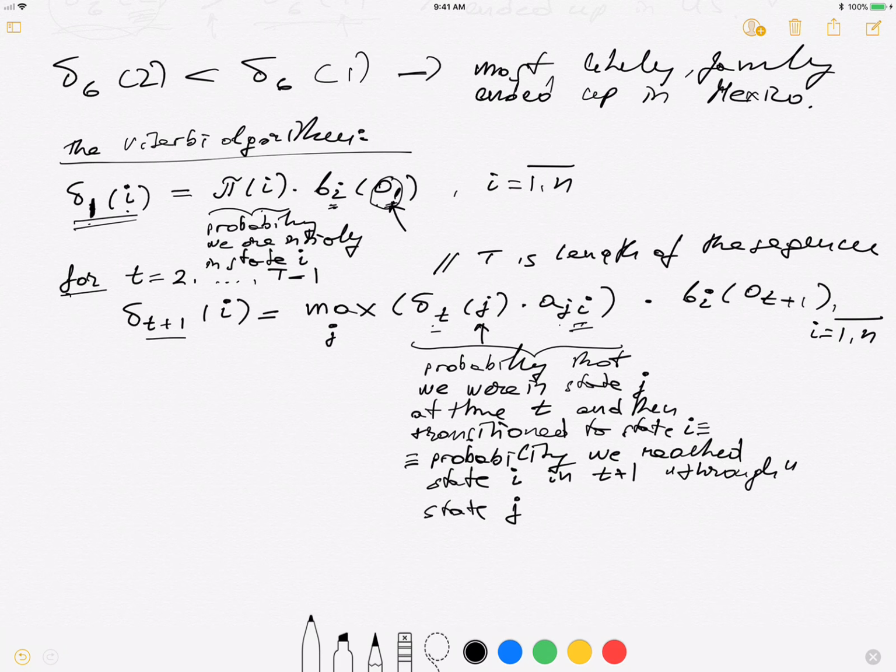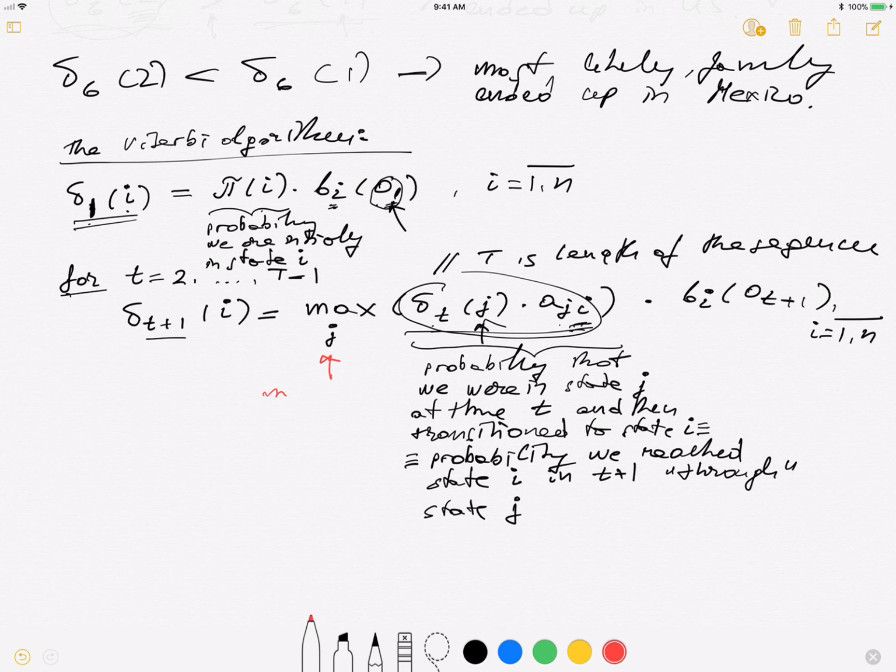We don't know through which one we reached it, but what's logical? Based on the available data, we will find out through which state we most likely reached the state i. How will we find through which state j we most likely reach the state i? We will calculate the product of these two probabilities, and then we will find the maximal value of this product. And precisely that maximal value will be here.